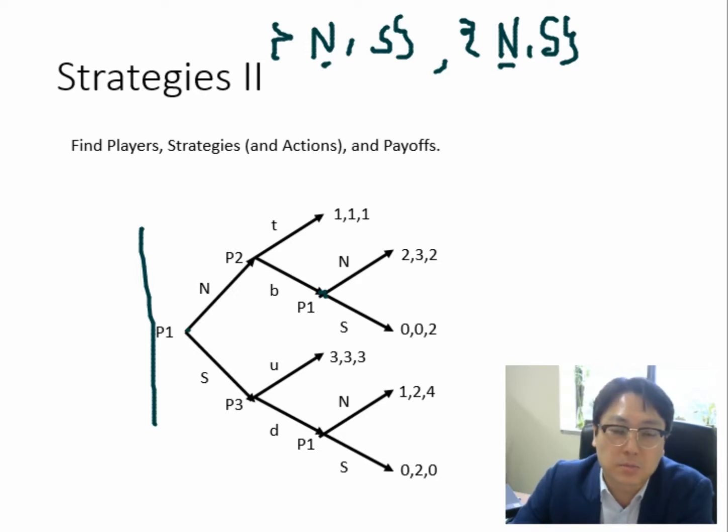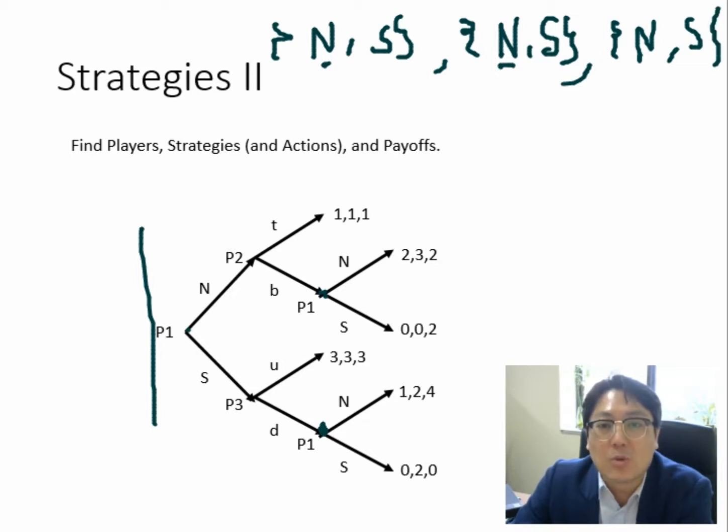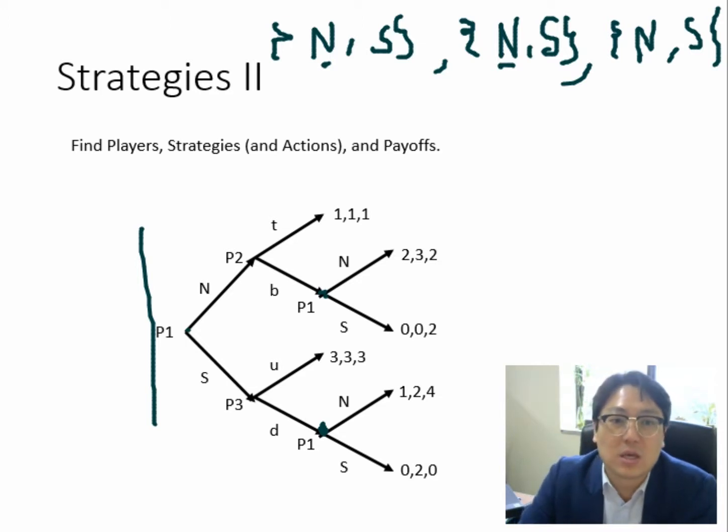Again, once this node is reached, the player will choose N or S. How many strategies, sorry, not actions, how many strategies can the first player choose?